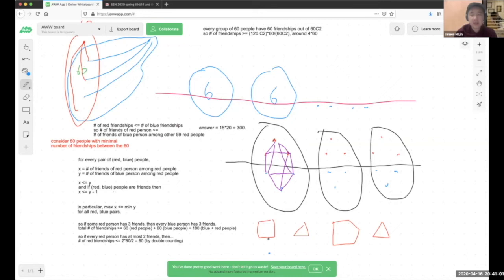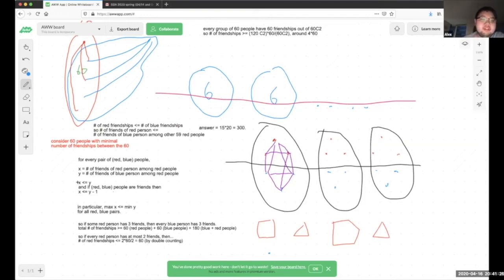So we basically know that each blue person has exactly... The only way they have more than 2 friends is if they're friends with an entire cycle, a triangle, right? Wait, is that correct? You're already in a pretty restricted case, right? One way to argue is that this blue person has, x is at least 2, right?